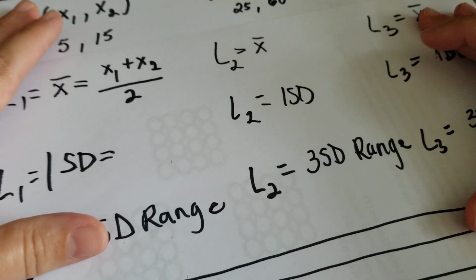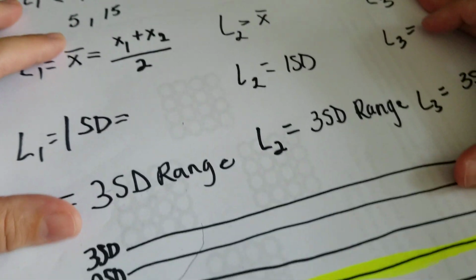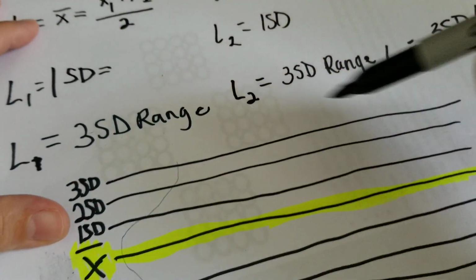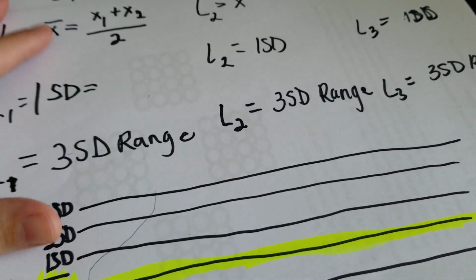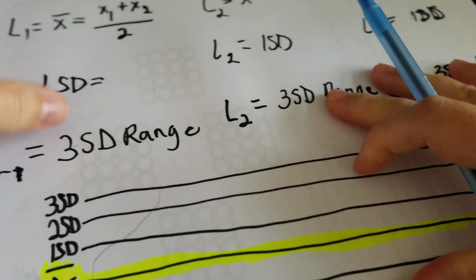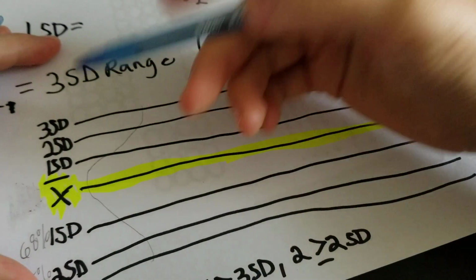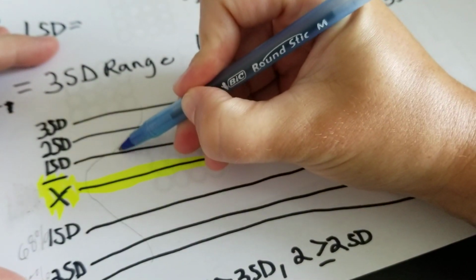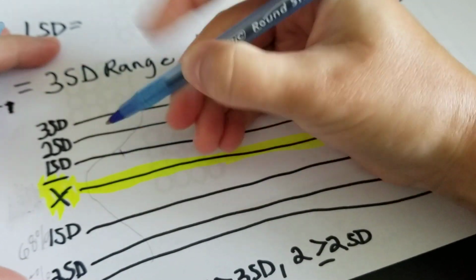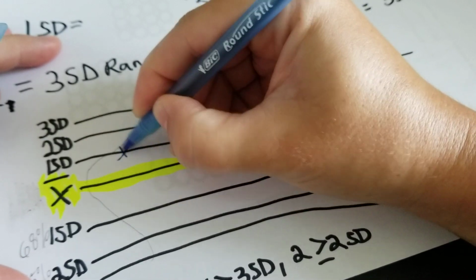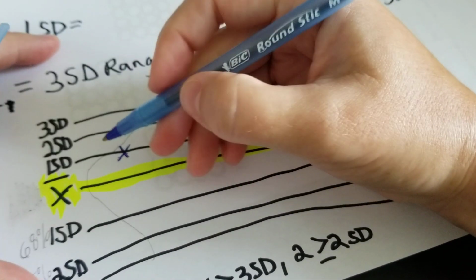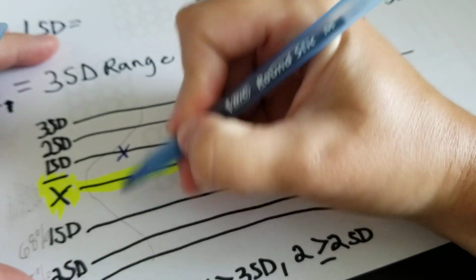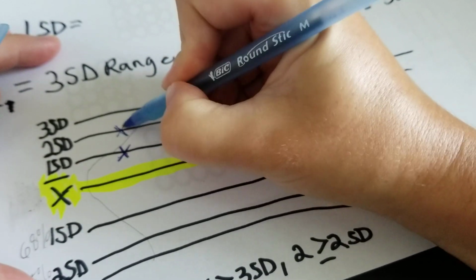All right. So then for 1 SD, we're looking at this whole range right here. Okay, we're going from this spot, the 1 SD line on top. Sorry, we're on 2. I apologize.